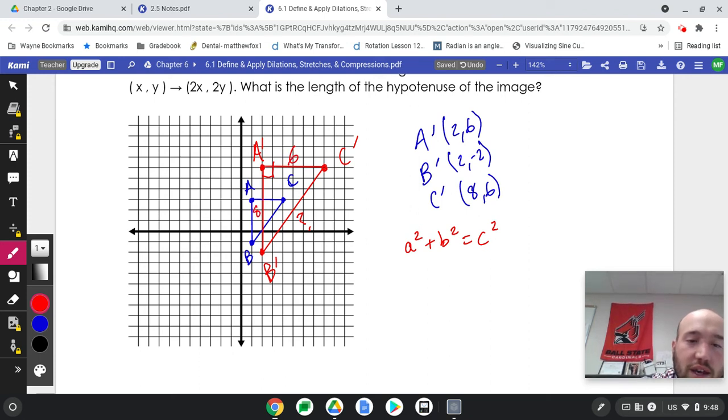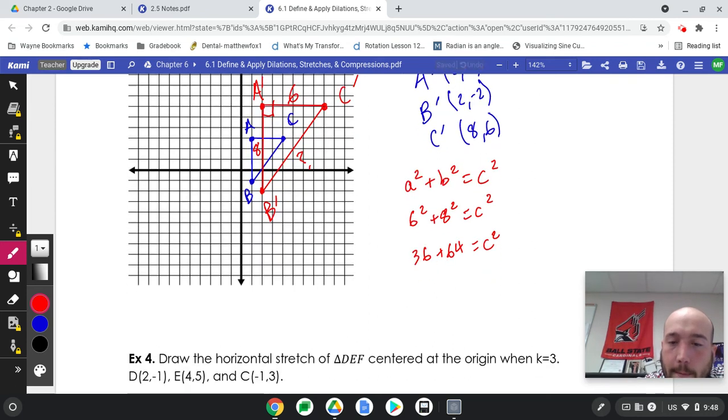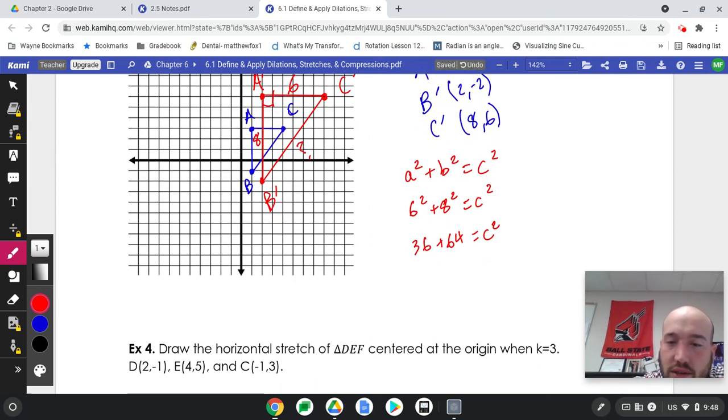Up and down, it's going to be 8. So 6 squared plus 8 squared equals c squared. 6 squared is 36. 8 squared is 64. 36 plus 64, that's going to give us 100, which equals c squared. Take the square root, and c will equal 10. Hypotenuse is 10.